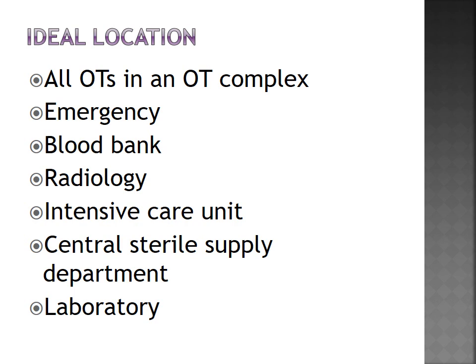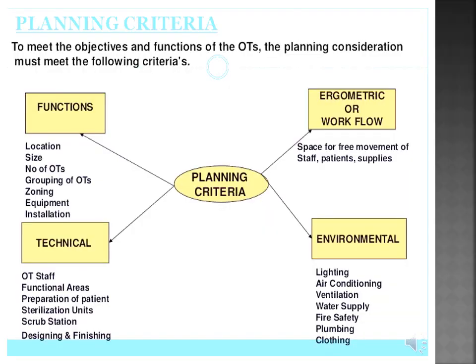Adjacent to it would be your blood bank, your radiology, which includes your x-rays, CTs, MRIs, followed by your wards, which may include either the pediatric or the adult wards. It also includes the intensive care units, the central sterile supply departments, which is very, very important, as well as the laboratories where the pathological investigations are being done. Planning for this operation theatre.